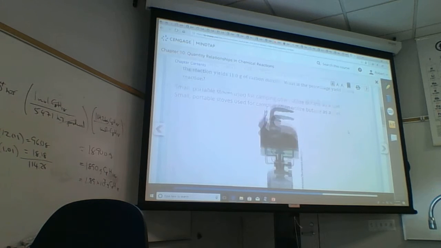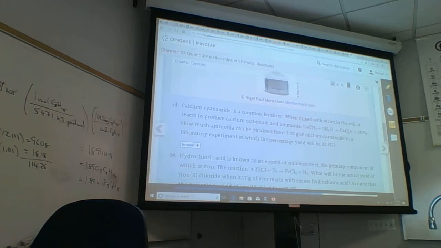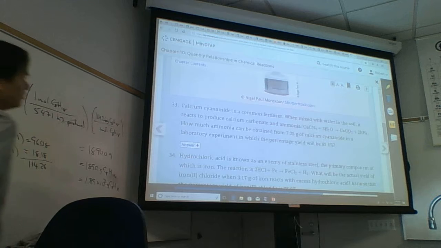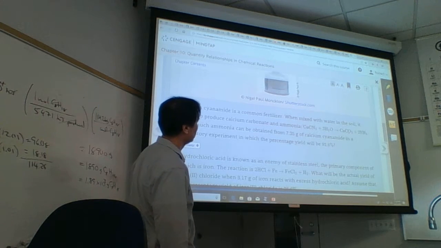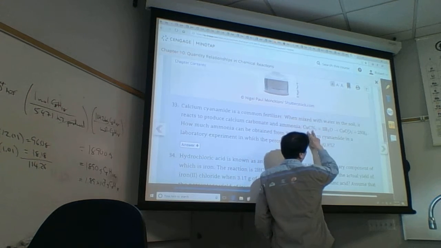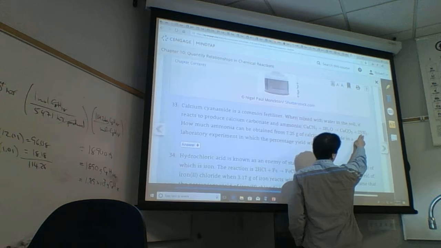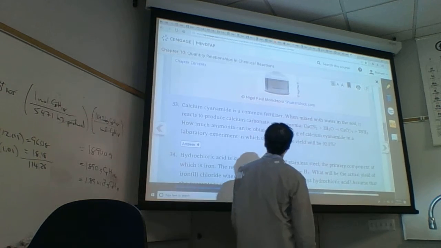The same thing, this is percent yield. This is a different type of problem here. Calcium cyanamide is a common fertilizer. When mixed with water in the soil, it reacts to produce calcium carbonate and ammonia. So the calcium cyanamide reacts with water, produces ammonia. Ammonia is the fertilizer part. It gets nitrogen in the soil. That's the reaction here.